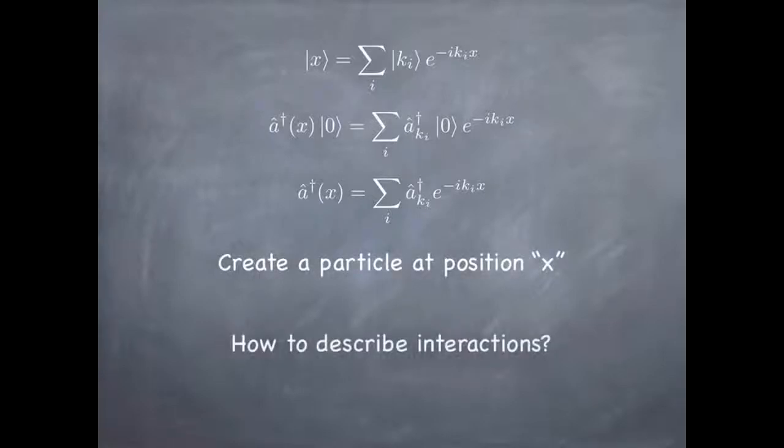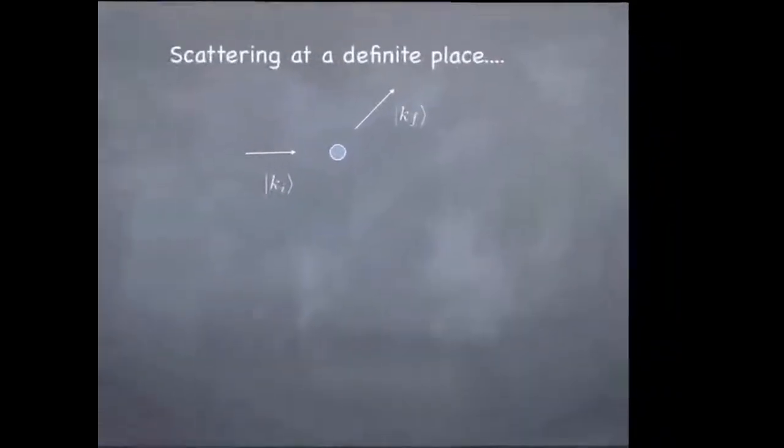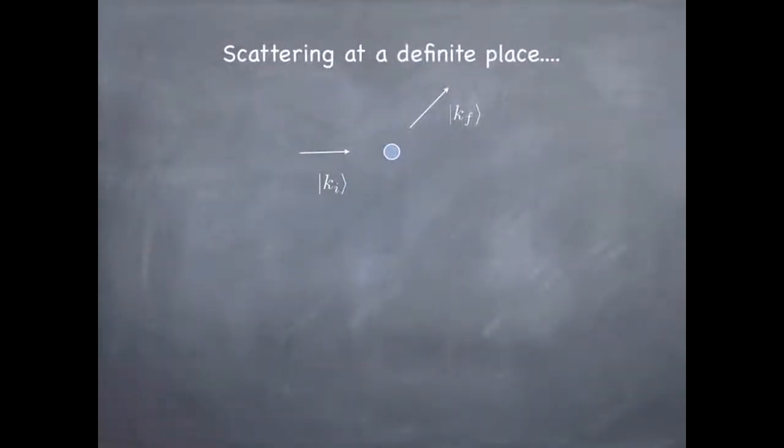So how can I describe an interaction then if I've got this mechanism that allows me to create particles? What I might do is say, well, I want to describe a scattering process where a particle comes in with some initial momentum, it scatters and ends up in some final momentum.